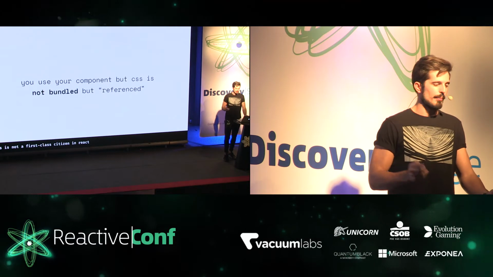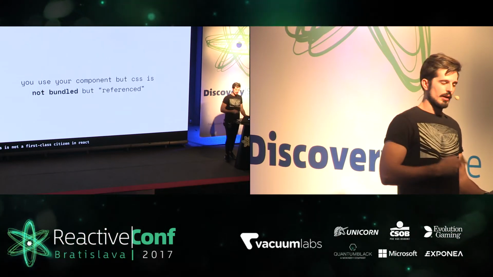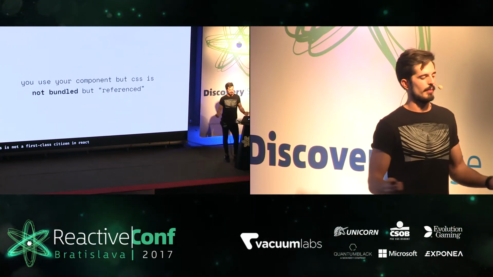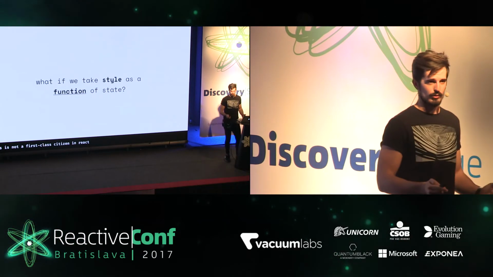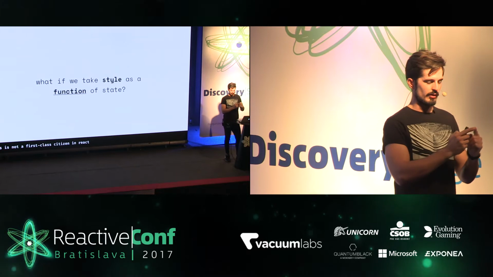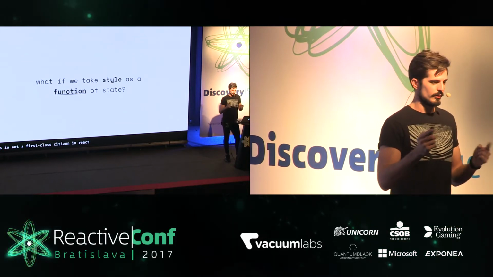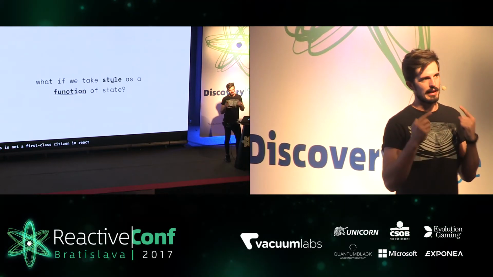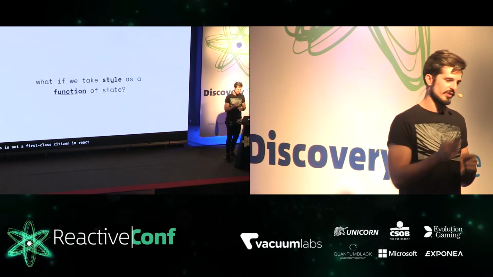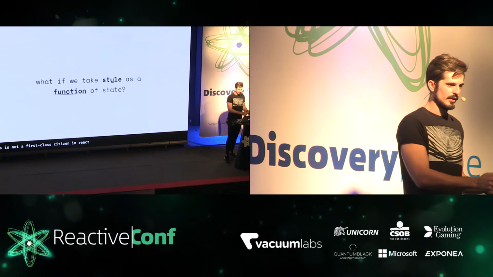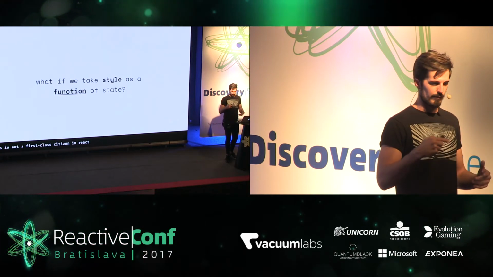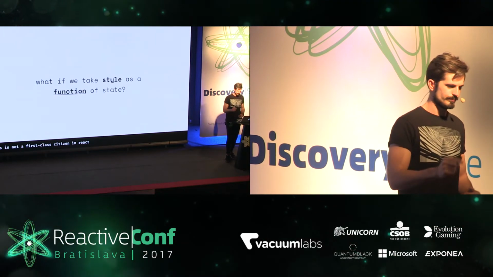So we are happy with React, and we are happy with React handling it for us. So I may ask, what if we take style as a function of a state too? Because it is, actually. What we do is to create like a combination of class names. So we decide what class name is a modifier depending on the state. And all of that logic is happening in the component itself. But it is then a function of the state too.